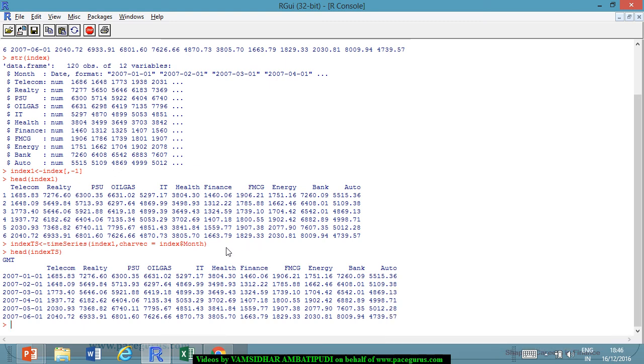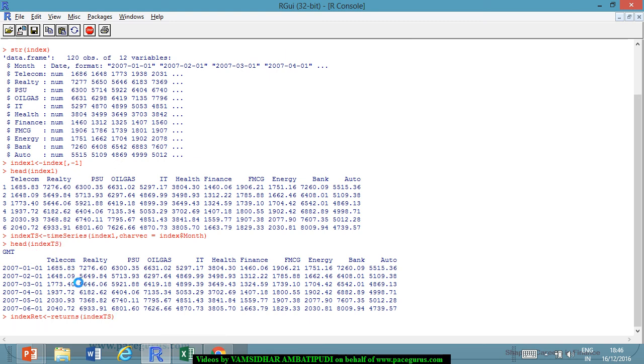So now let me try the returns, right? Let me use this function called index ret, which is actually performing the returns on this time series data. So let me compute the returns with respect to index TS.